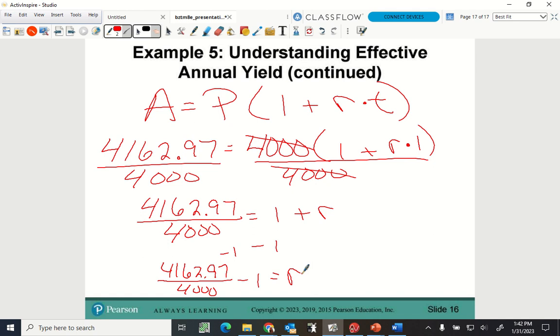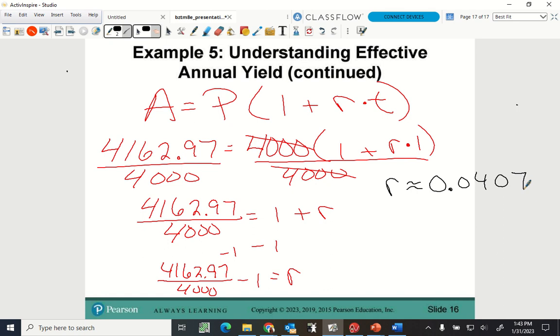Okay. All right, let's see what we got now. So I'm going to say that R is going to be about 0.0407, right? Don't round until the very end. Your answer is a decimal here, and I'm looking for the rate, so I need to turn this decimal into a percent.